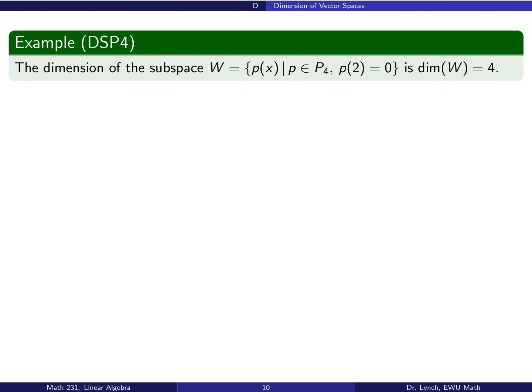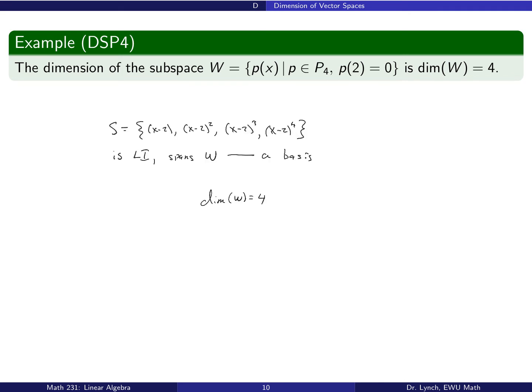We were just looking at this set of vectors W that are all the quartic polynomials with polynomial evaluation at 2 equal to 0. We saw a linearly independent set that spans this subspace.